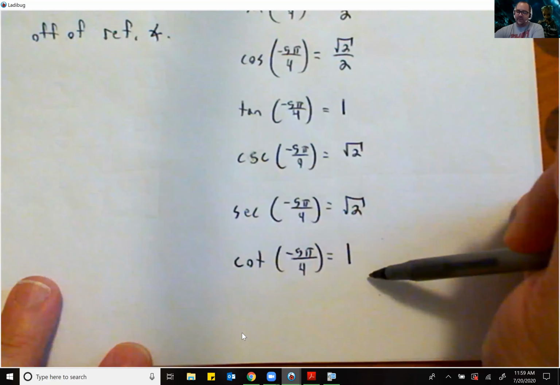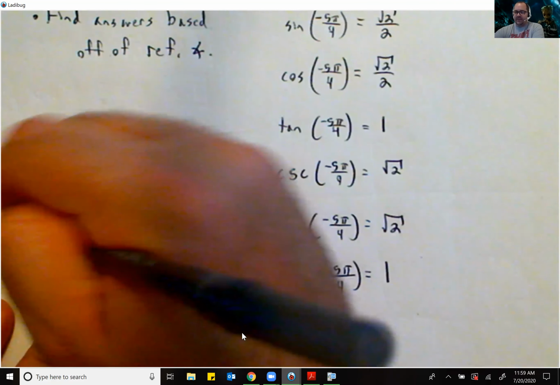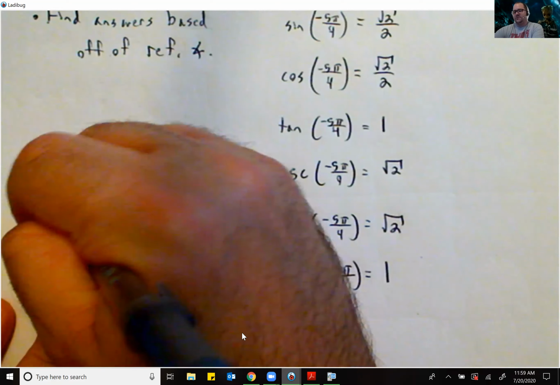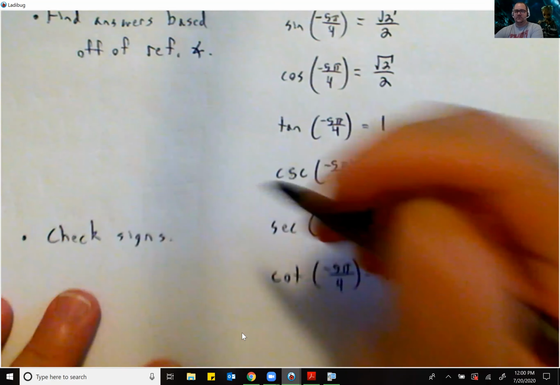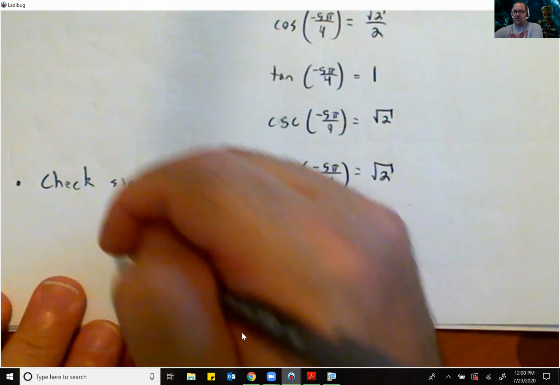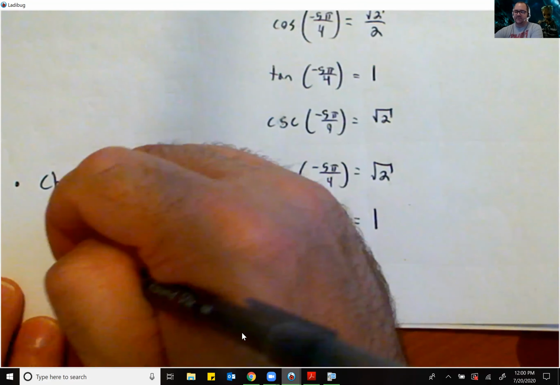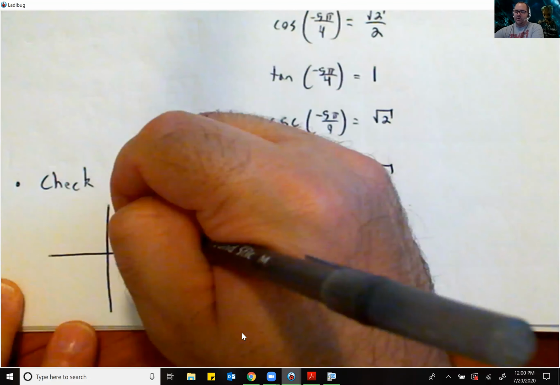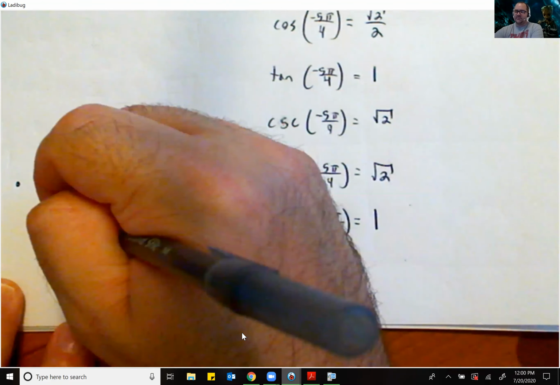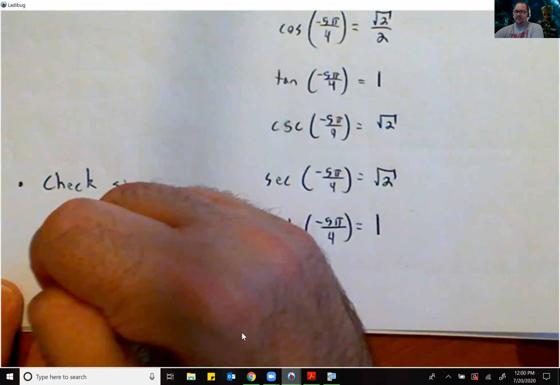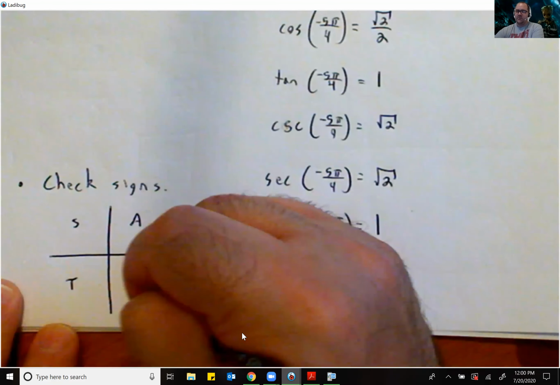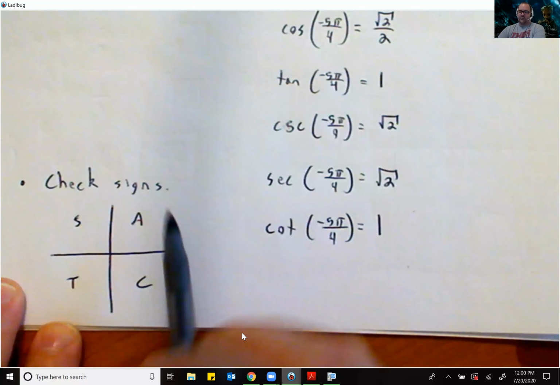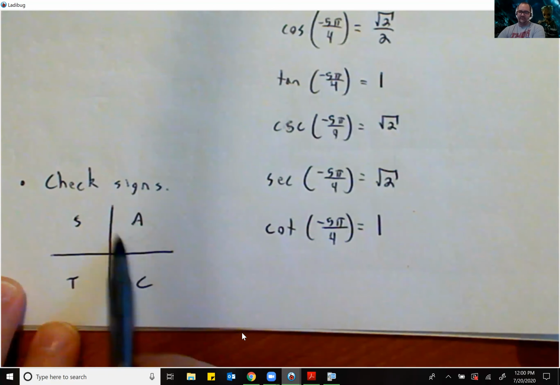Now the last thing you're going to do is check signs. So remember that we have all students take calculus. This means that in quadrant 1, everybody is positive.